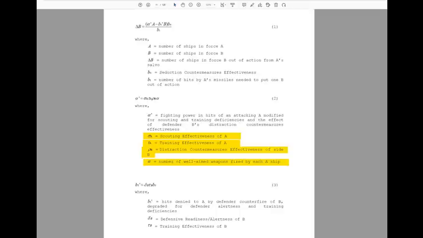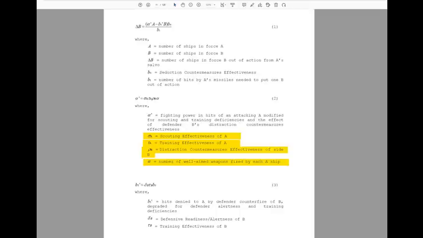If we see for ourselves how the salvo model effectivenesses are brought in, as you can see on the top, number 1 is delta B, the reduction of your number of ships being taken out of action by the force alpha.